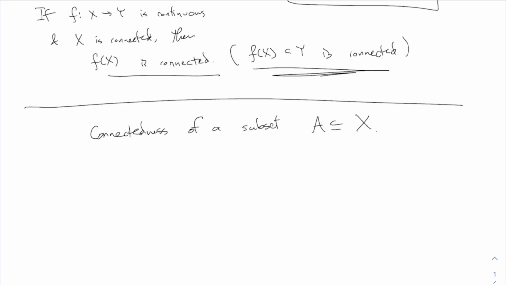So connectedness of a subset A: we say A, a subset of X, is connected when A is connected as a space using the subspace topology.